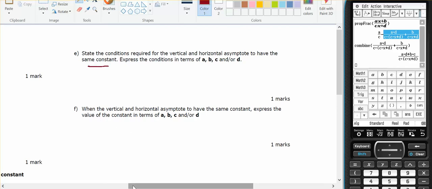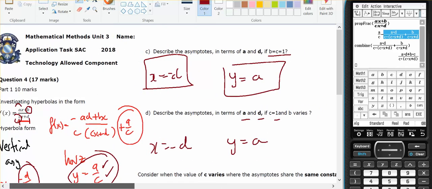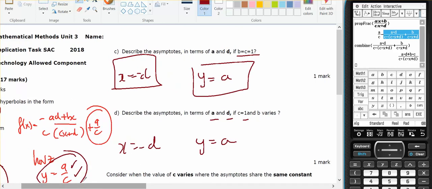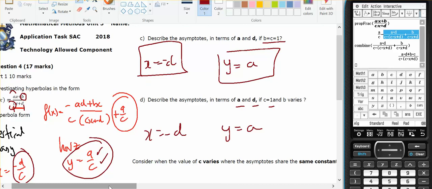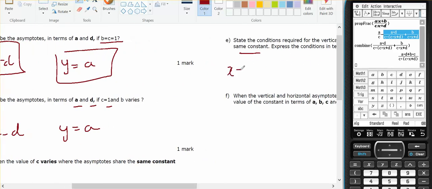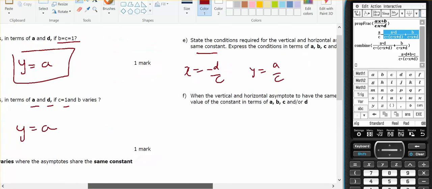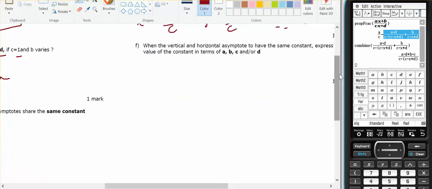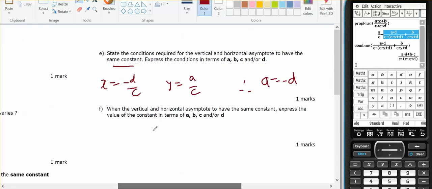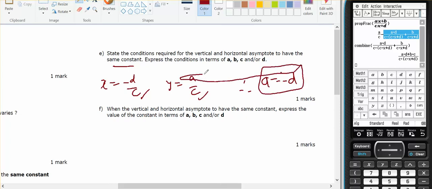Well, if they have to have the same constant, and I've got x equals minus d on c and y equals a on c, therefore, to have the same constant, a has to equal minus d. Doesn't matter what c equals, because c is the denominator of both of them, so that's the condition for them to have the same constant.